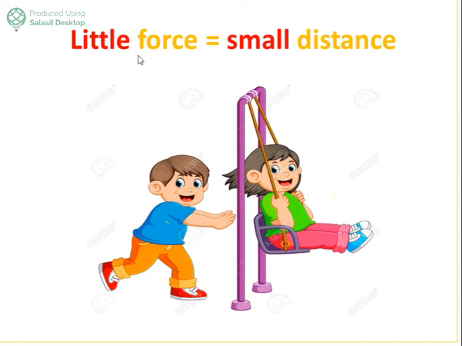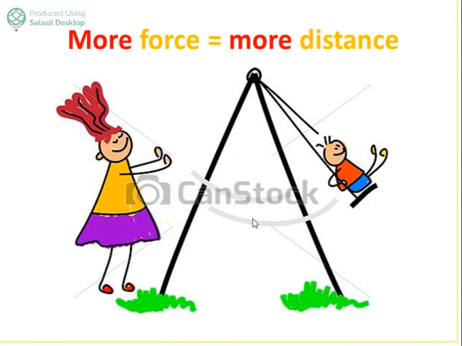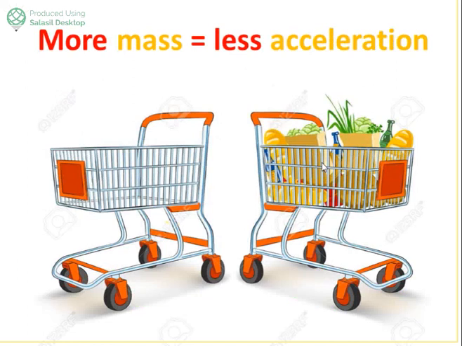So a small force means a small acceleration, a small push means a small movement. In the opposite way, if you give your friend more force, she's going to move more distance, which means more acceleration, because as we said, it is directly proportional. Increasing here, increasing here; decreasing here, decreasing here.